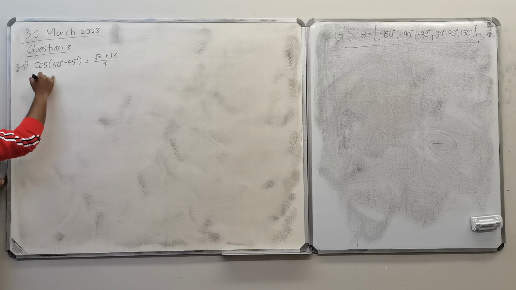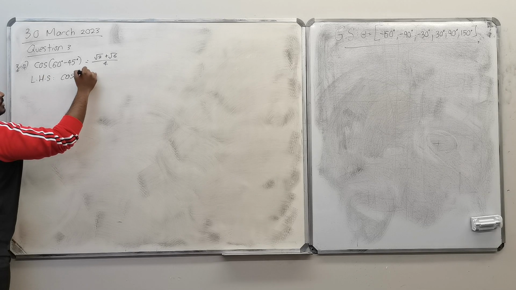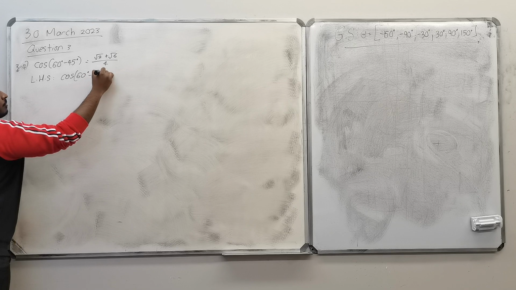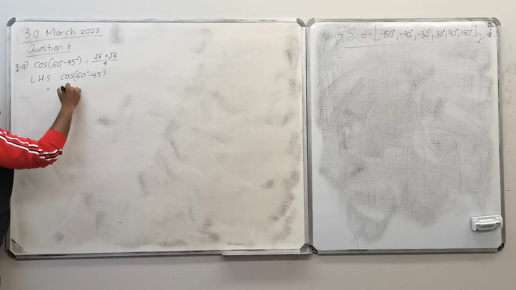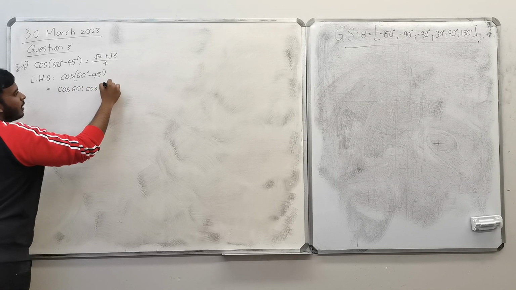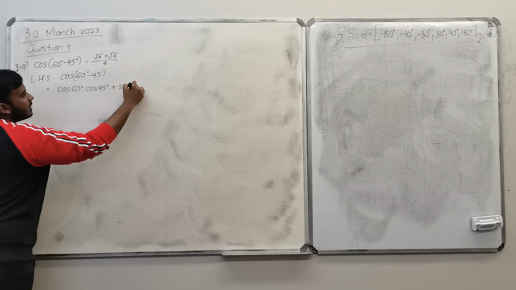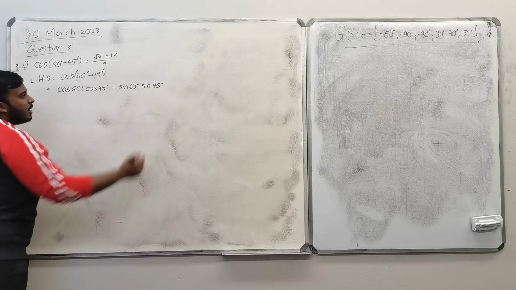Okay, so we're taking our left hand side, which is cos of 60 degrees minus 45. Adding your compound angle formula says that cos of 60 degrees times cos of 45 plus sine of 60 degrees. Right?